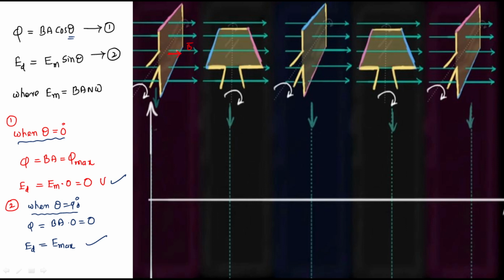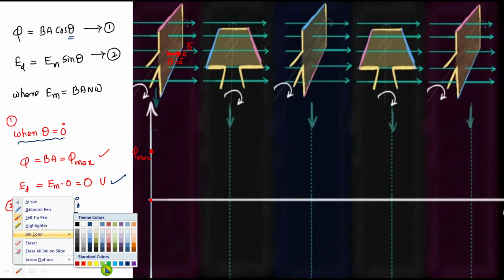In this case, theta equals 0 between the magnetic field and this area vector. So when theta equals 0, we have maximum flux, phi max. At this instant, EMF is 0.